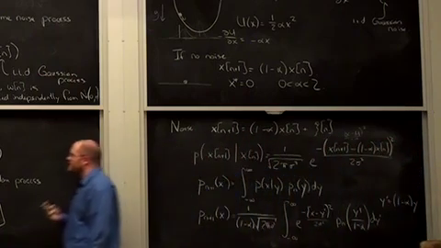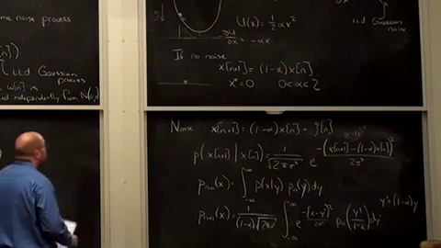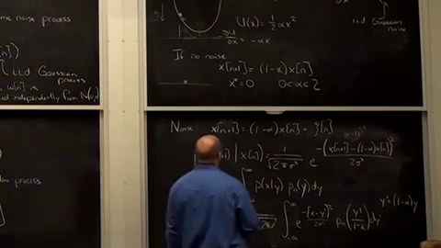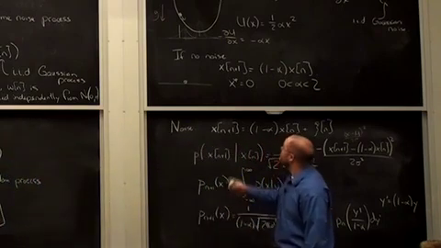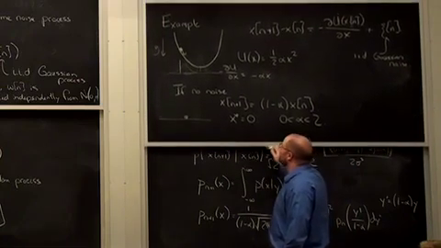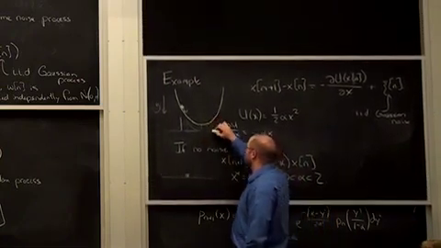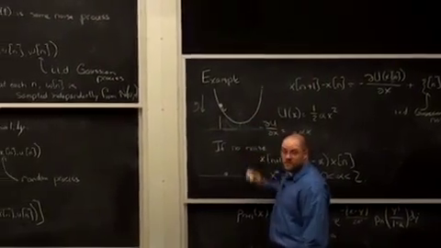But I think it forces you to think about a couple things, right? Like I said, the stability of the system is critical in determining that final distribution.